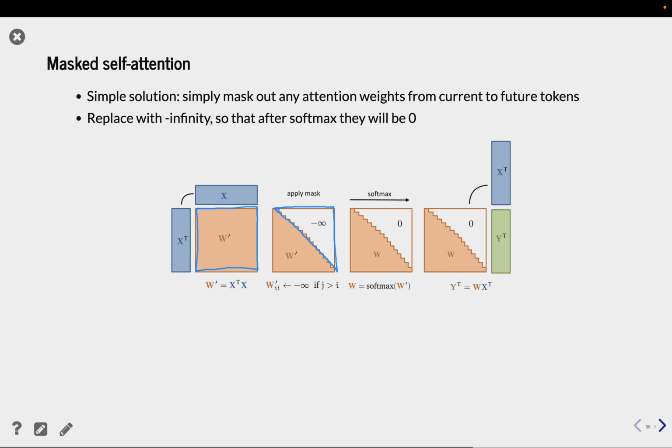We're going to set those values to minus infinity, so that after softmax, these will all be zeros. And then that solves the whole problem. Now I can have a self-attention layer which can only look to the tokens to the left, and that's what I want to have for an autoregressive model.